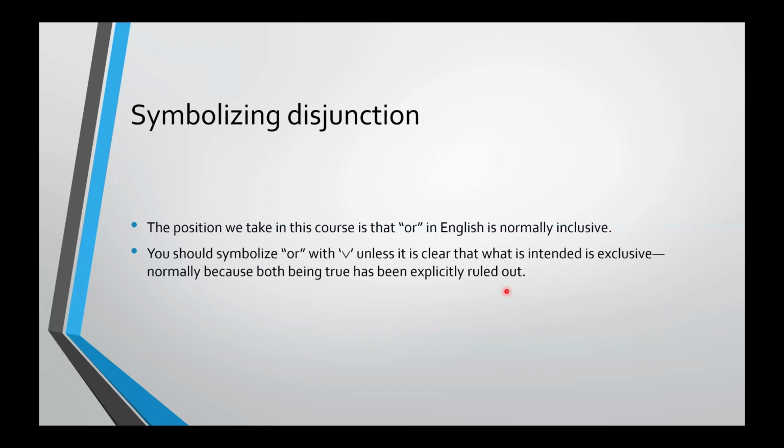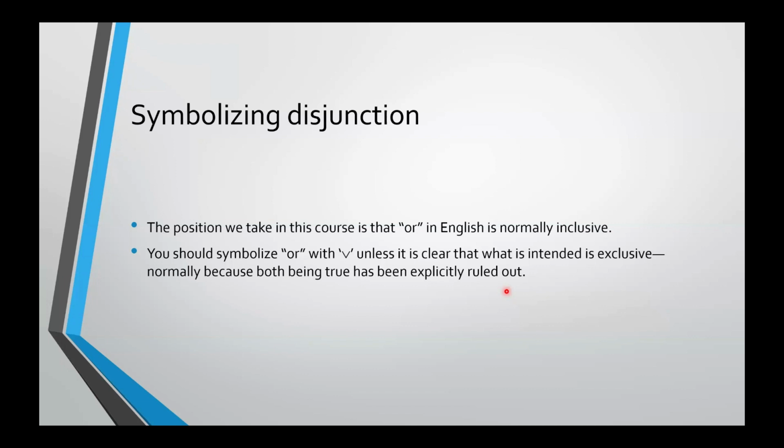The two main positions that you get on English or are, first, that or is ambiguous, and sometimes it's inclusive, sometimes it's exclusive, and then you have various accounts of the details of how exactly this works.